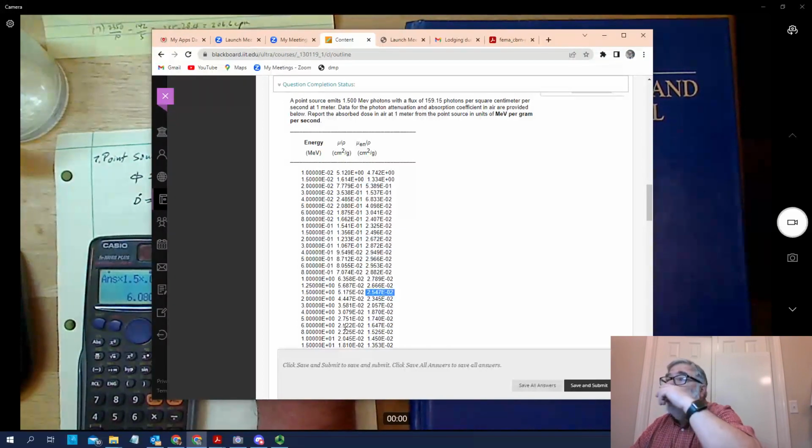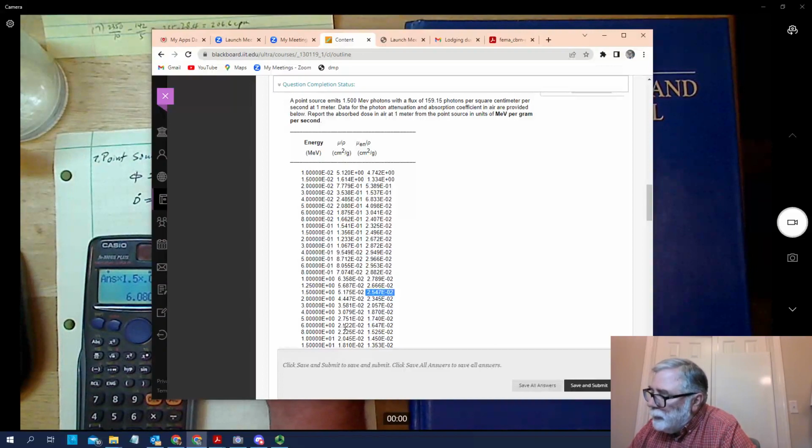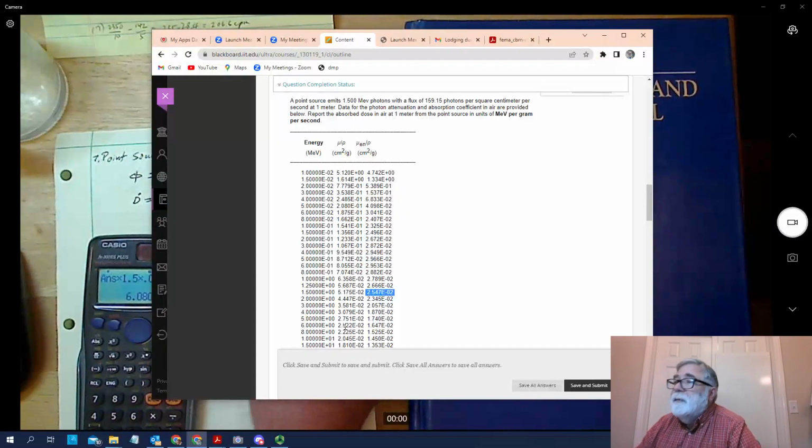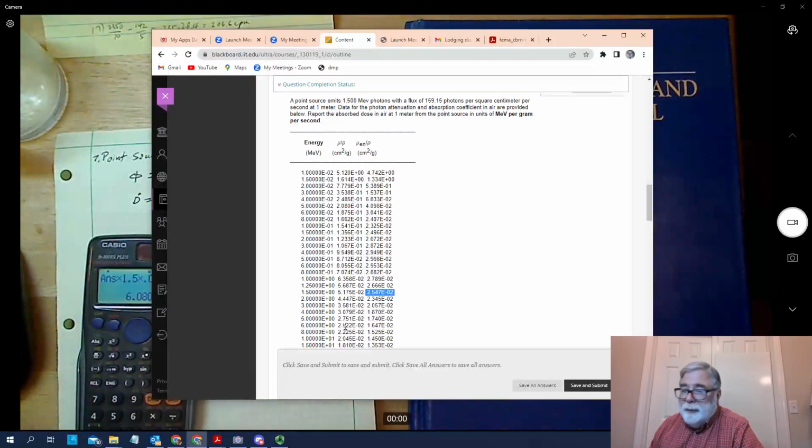Oh, no, excuse me, that's not correct. This is units of per square centimeter per second, and this is square centimeters per gram. So that's wrong. It is MeV per gram second. Okay, so 6.08 was the number we wanted.